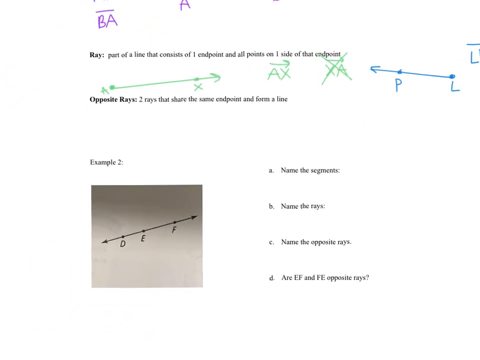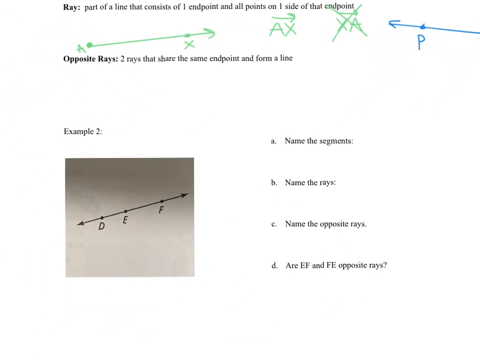All right, last term. Opposite rays are 2 rays that share an endpoint, and then they form a line going in opposite directions. So 2 opposite rays would look like this. Let's say we have a C here, but then there's an A and there's a B, okay?